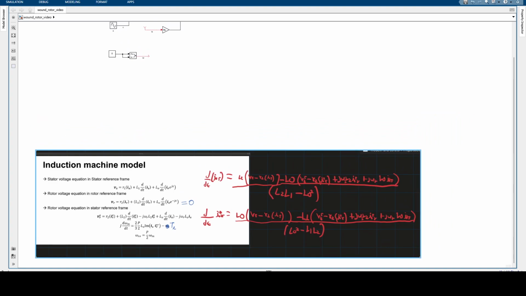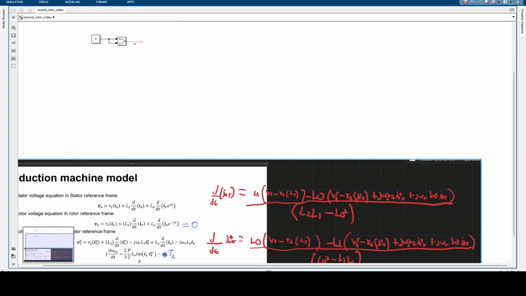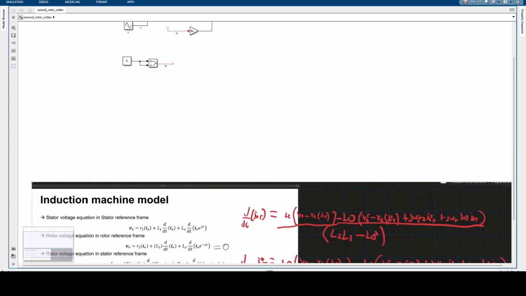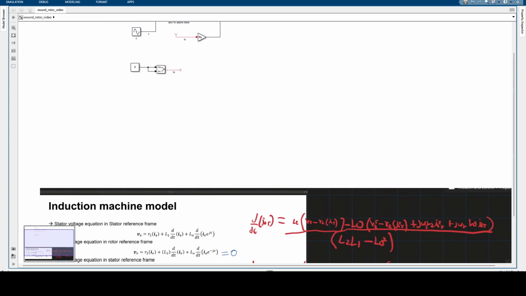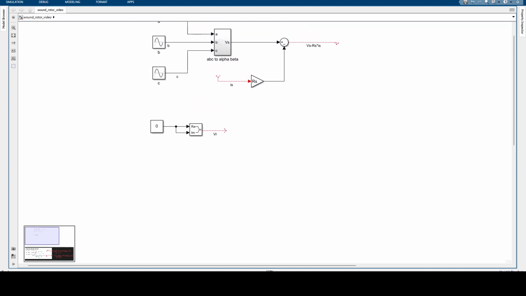So first we're going to have PS minus R1 BS minus R2 I via. Okay, I'm sorry, it's just that it's a lot of terms.